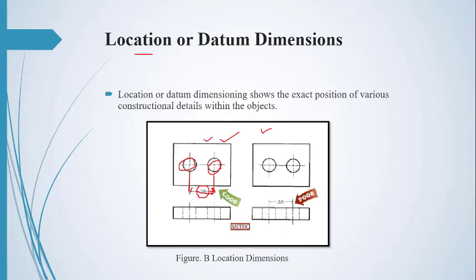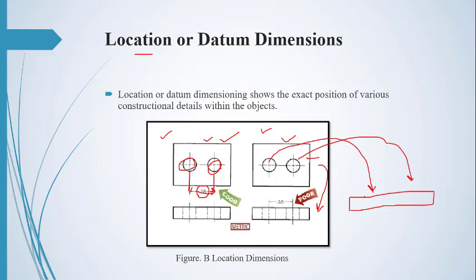So this one is known as a good method. Here you can also see that the same is used. However, this position of taking the dimension is not good, because in this position the image is very clear, and it can easily be seen that there are two holes and the distance between them is 38 units. On the other side, if we rotate the same object and keep it horizontal like this one, the first hole will be here and the other one will be here.